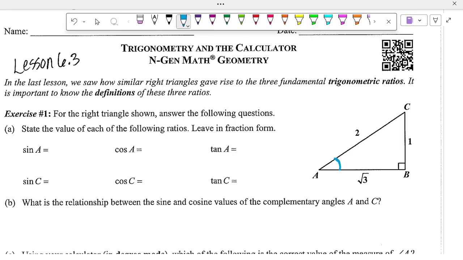What's my opposite? 1. What's my hypotenuse? 2. Cosine of A. What is it? Adjacent over hypotenuse. So that means that it's square root of 3 over 2. Tangent is what? Opposite over adjacent. So what would it be?